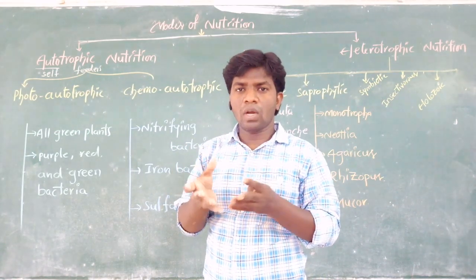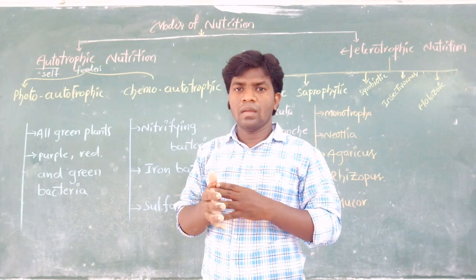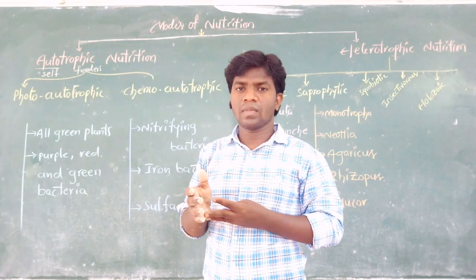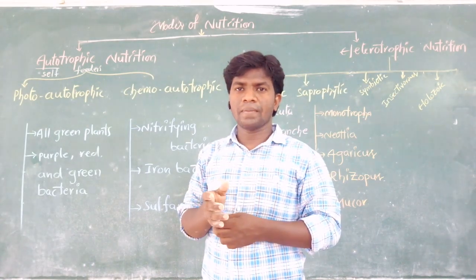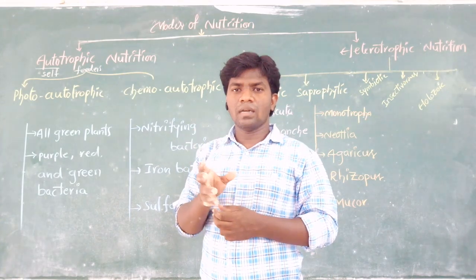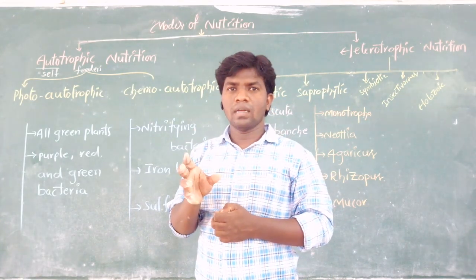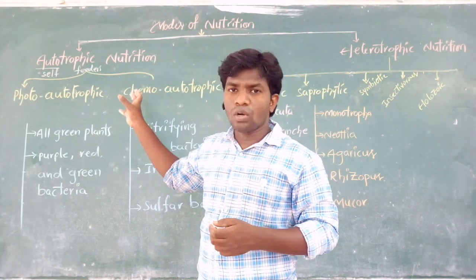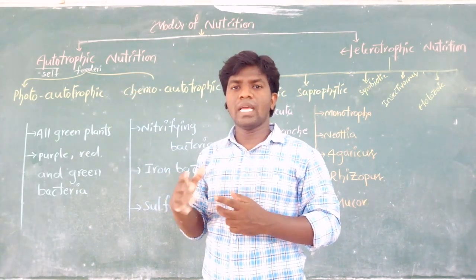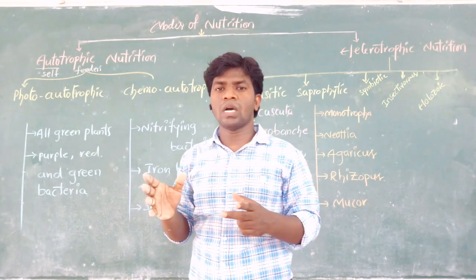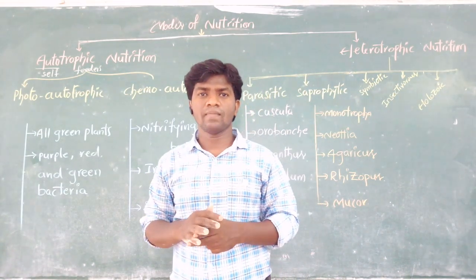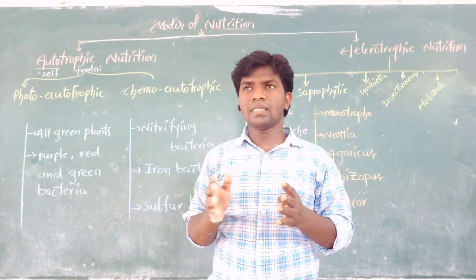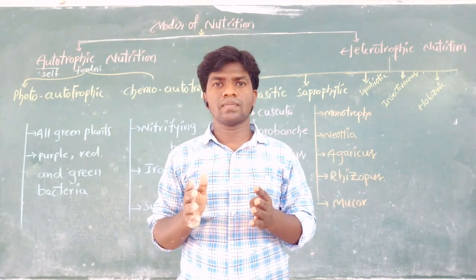The best example of autotrophs is plants, and some organisms like algae, blue-green algae, and euglena. These autotrophs can prepare their own food by the process of photosynthesis. So what is meant by photosynthesis?